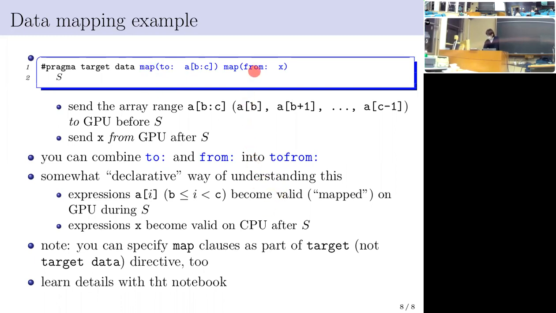And also by saying map X, X becomes valid. But in the case of from, the more precise meaning is that if you access X after S is finished, then you get the expected result, meaning that whatever you have written to X in GPU becomes visible on the CPU side.